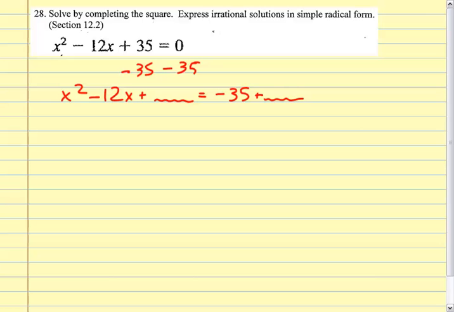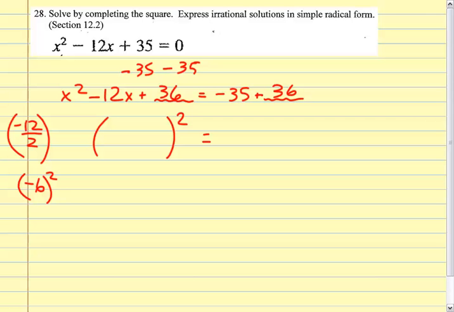Now you divide negative 12 by 2, which is negative 6. And what do I do with that? I square it. It's 36. That gives me 36 on both sides. The reason I did that was to make this a perfect square.